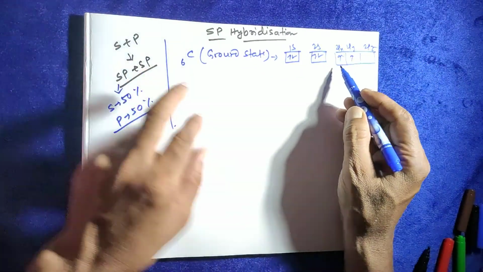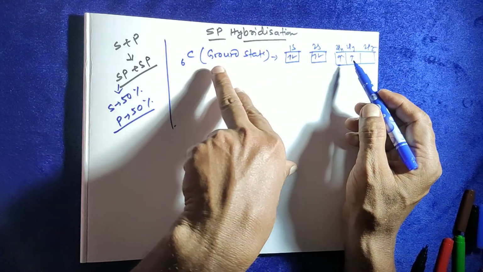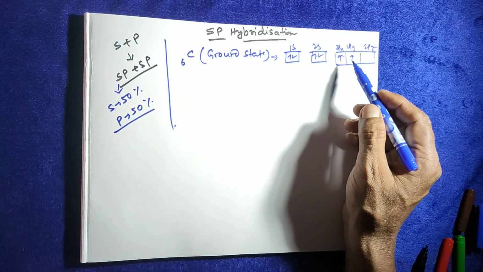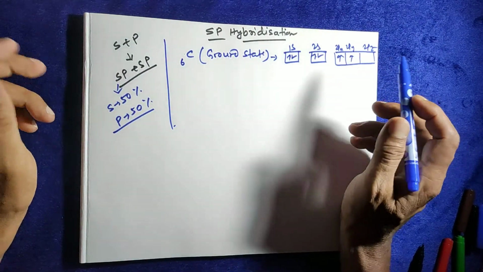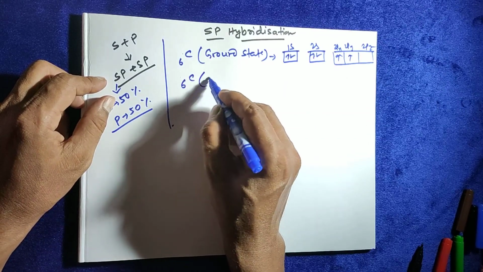So there are actually 2 unpaired electrons in the ground state of carbon. But carbon shows tetravalency. Why?